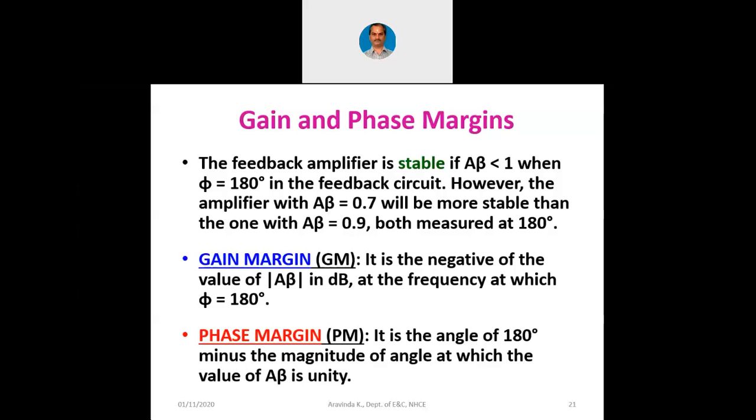And later on, A beta may become still less than 1 or more than 1, and at that time, the phase shift also would have changed. So, there are two distinct things here now. Phase margin is the angle of 180 degrees minus the magnitude of the angle at which the value of A beta is unity. If you don't understand it right now, don't worry. In the next slide, it will be more clear to you.